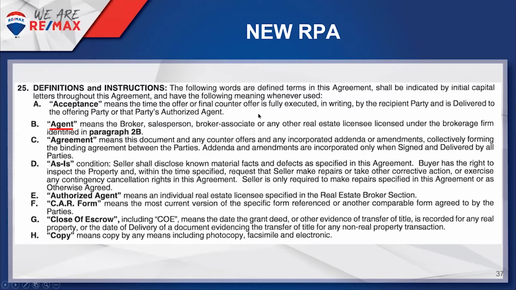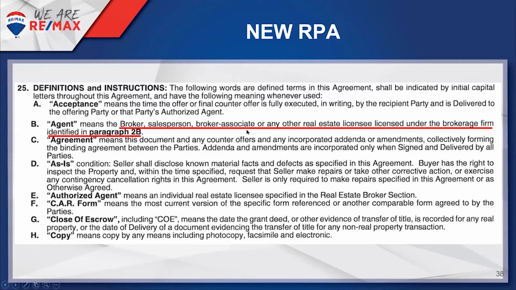So for example, the buyer's agent must do a visual inspection. So can the buyer's agent who's working with the buyer designate somebody within the company to do that AVID for them? Yes, they can, because the agent must do the visual inspection, not the authorized agent. The authorized agent, you'll see, is the individual who's actually working with that specific buyer.